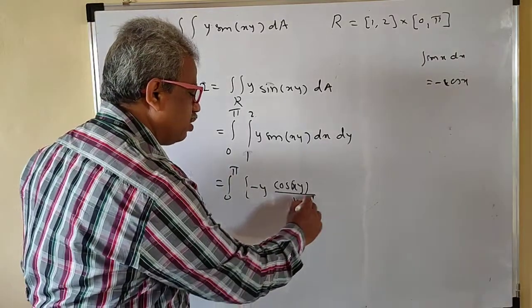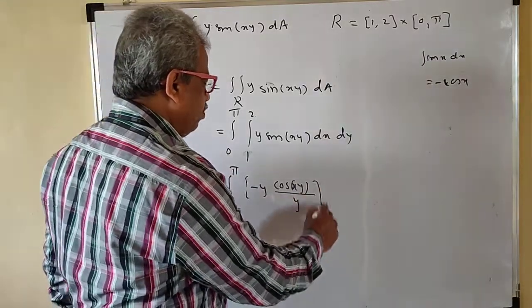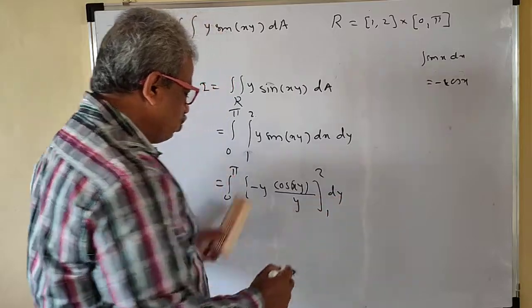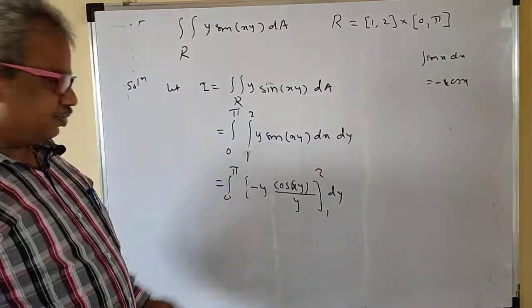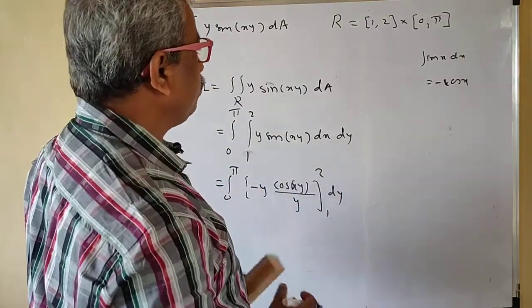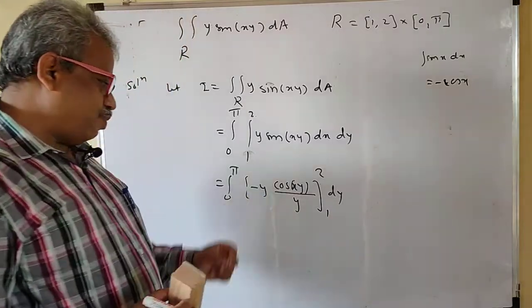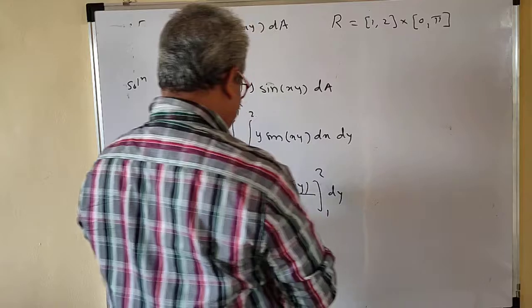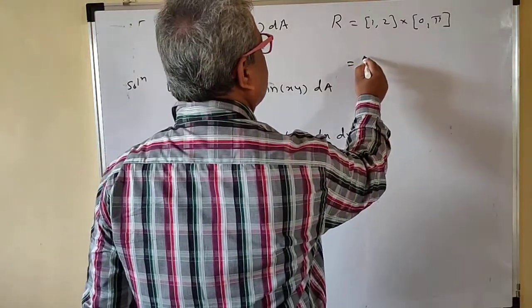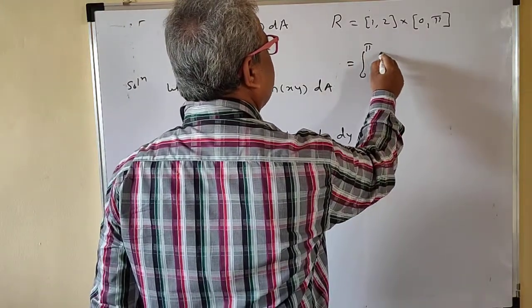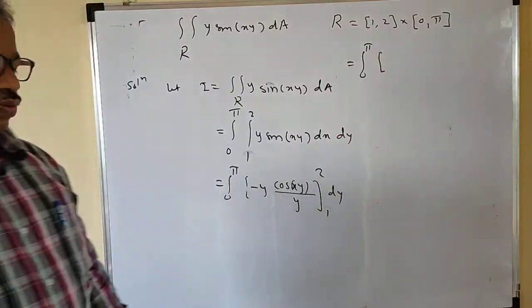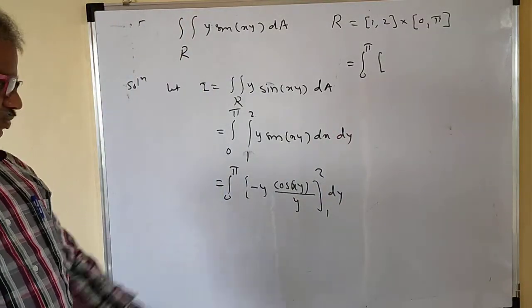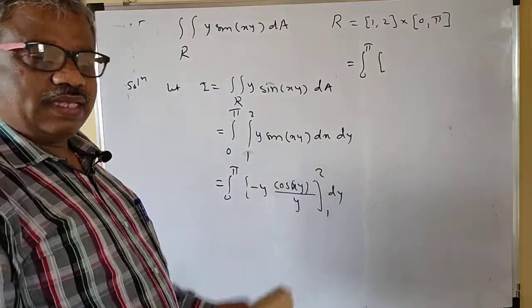Now see, the problem becomes very simple, because your y gets cancelled. I will put x equal to 2 as the upper limit and x equal to 1 as the lower limit. The y gets cancelled here, so this is from 0 to pi, in curly brackets because there is a single term: upper limit minus lower limit.